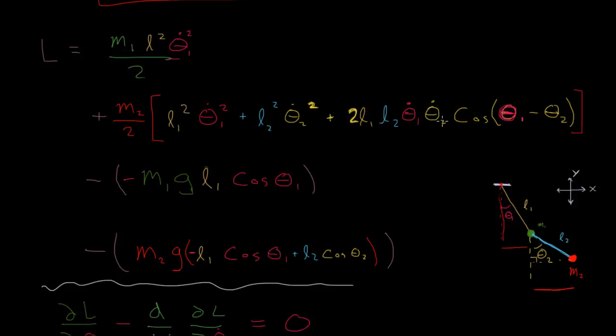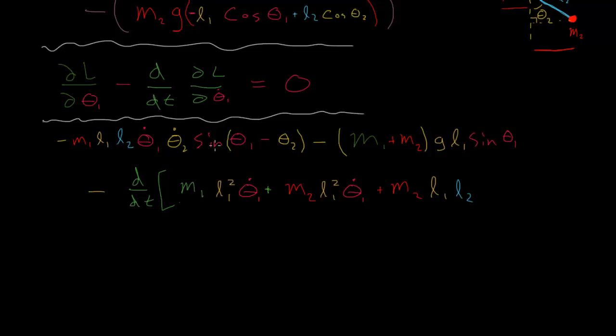And then we have theta 2 dot times the cosine of the difference of the angles. So theta 1 minus theta 2. And that all equals 0.